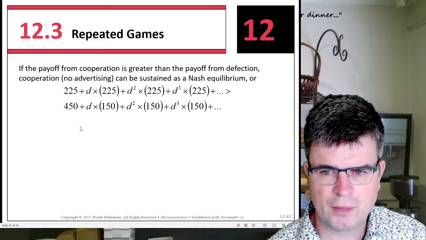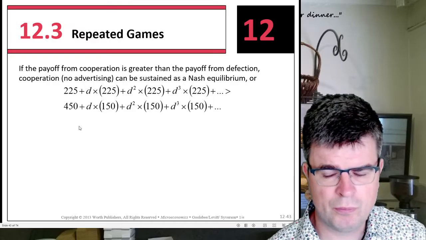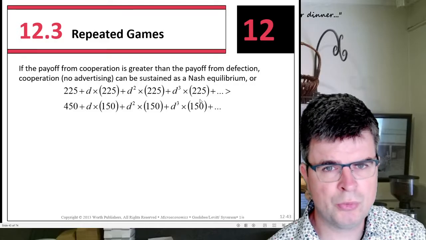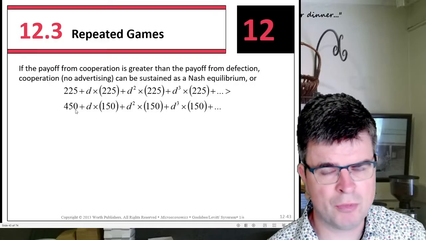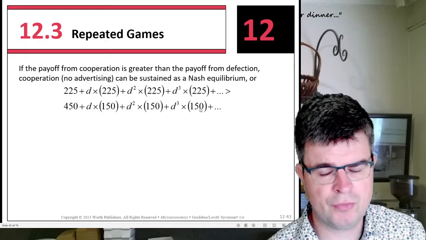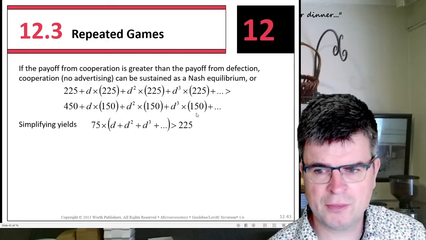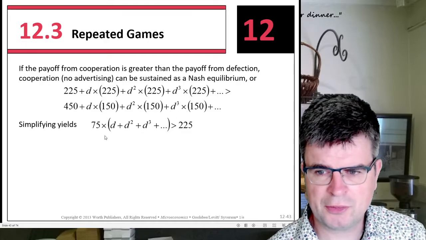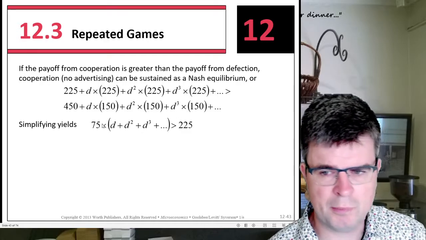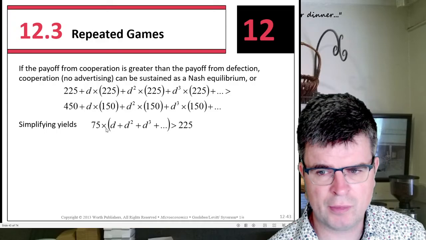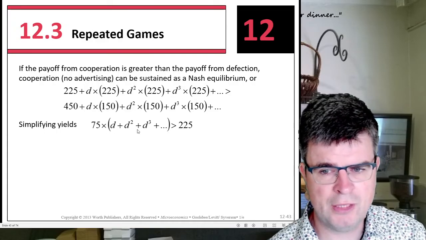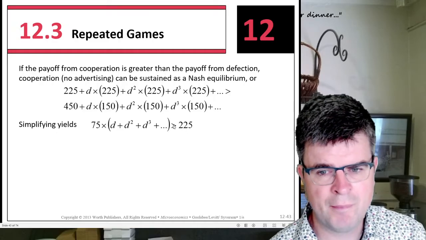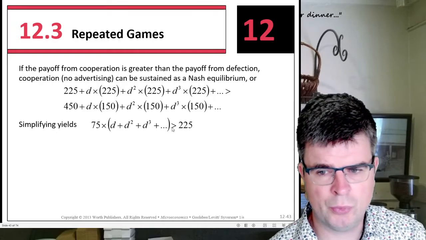So Warner Brothers will stick to the agreement when the stream of 225s exceeds the stream of 450 this period and 150 in all future periods. So we can simplify this entire expression. If you rewrite it a little bit, you arrive at 75 times d plus d squared plus d cubed plus, etc. And that should exceed 225.